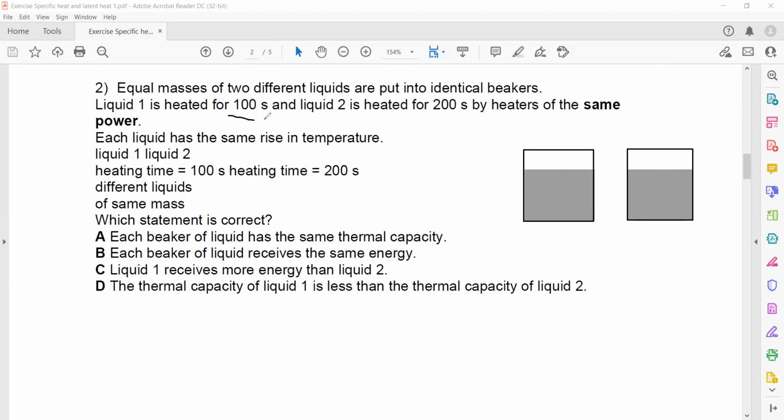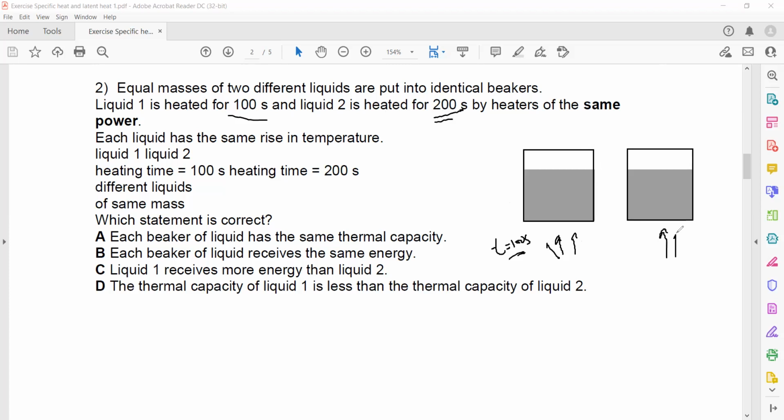Liquid 1 is heated for 100 seconds. So we supply heat energy for 100 seconds. And liquid 2 is heated for 200 seconds.